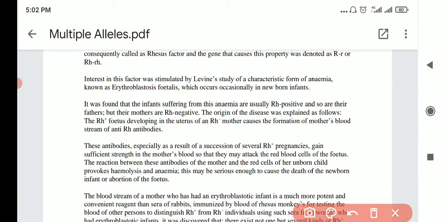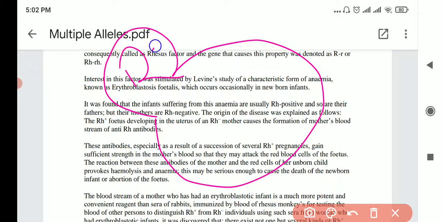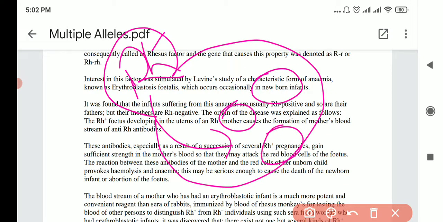So in this mother who is Rh negative, these Rh negative antibodies will attack the infant's red blood cells. All these blood cells contain the blood group as well as the Rh positive. So when these antibodies attack the red blood cells, they destroy them.